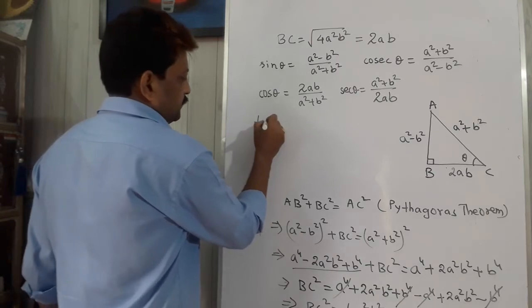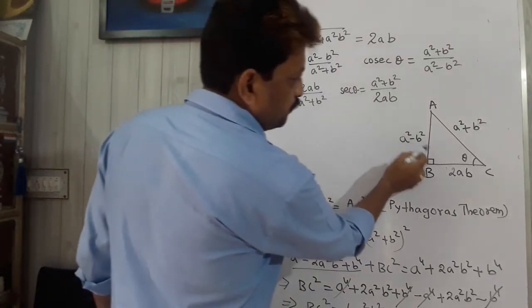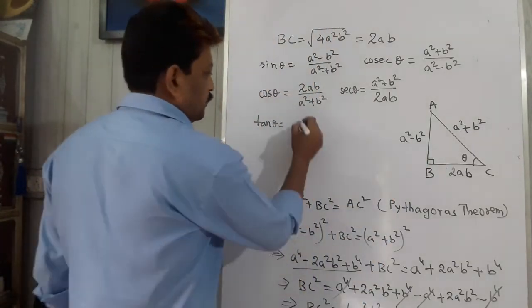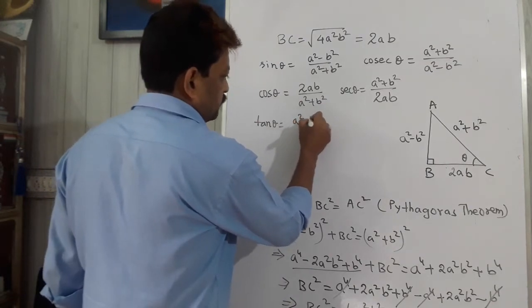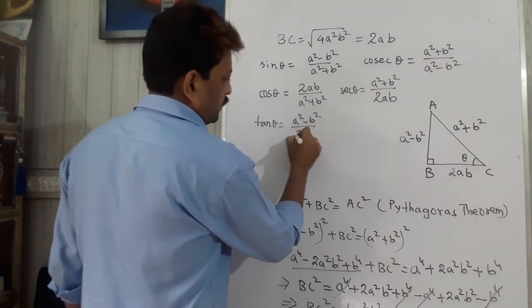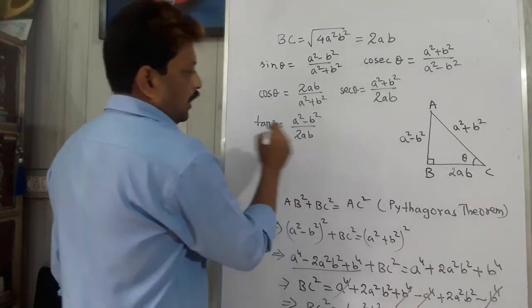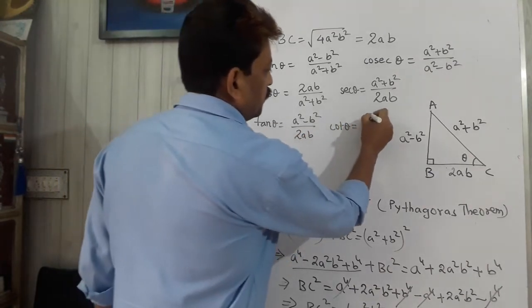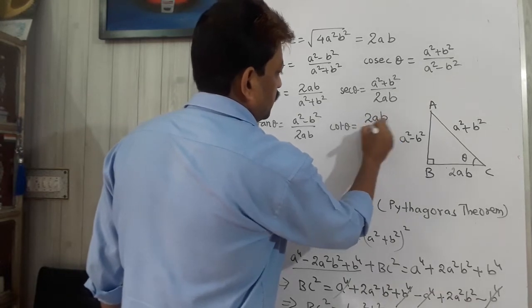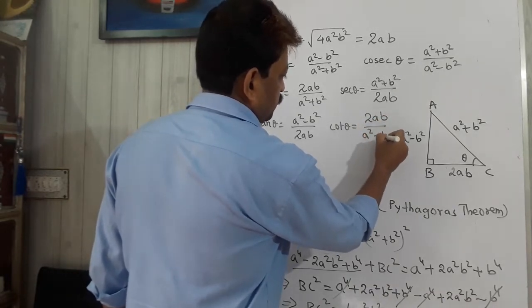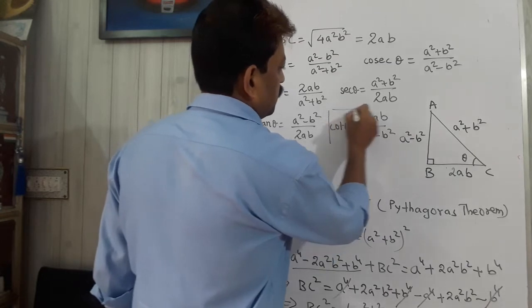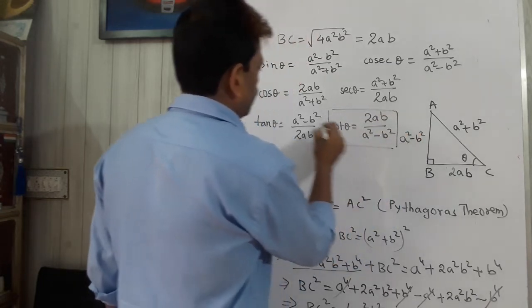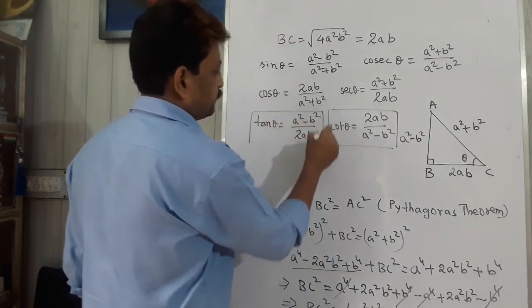Tan theta equals perpendicular upon base. So it is A square minus B square upon 2AB. And cot theta is the reciprocal of tan theta. So it will be 2AB upon A square minus B square. So we have got the values of all the other trigonometric ratios.